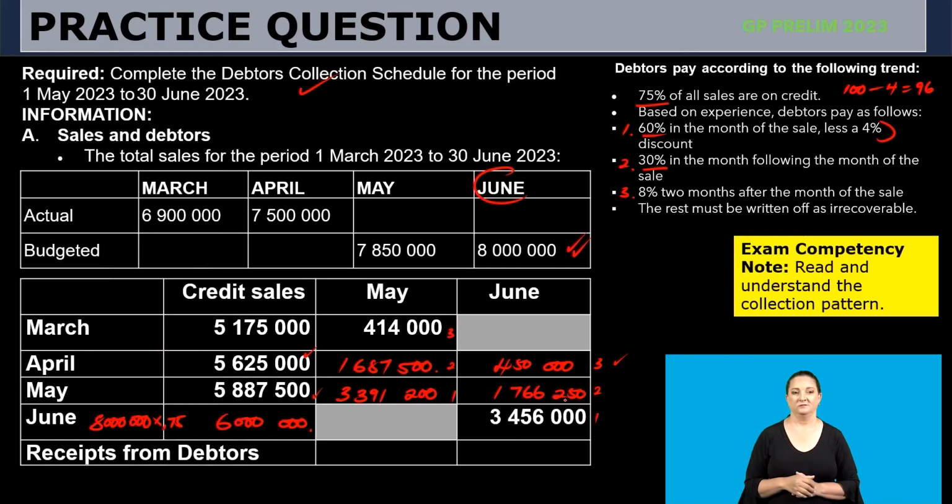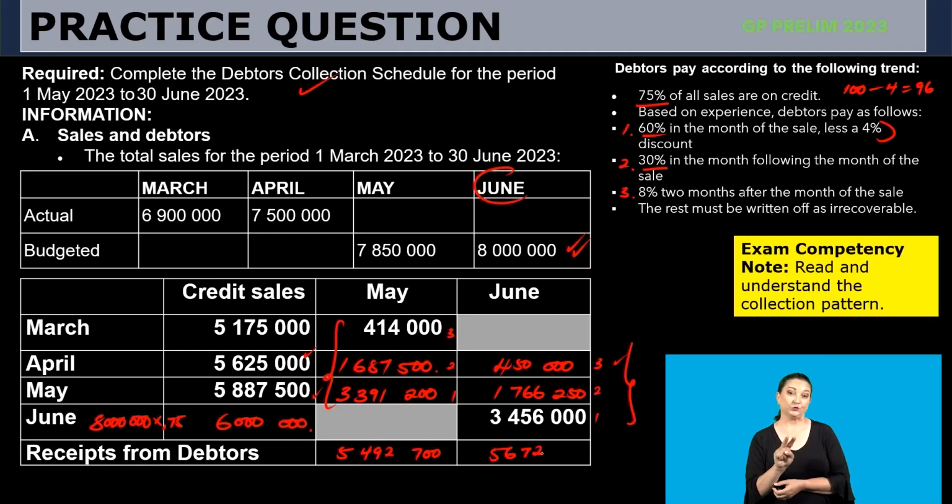And then, with your calculator, you add these ones and you get 5,492,700. You do the same again here, and you get 5,672,250. Remember, these amounts will be shown now in the cash budget. This is how you can do the debtors collection schedule much faster.